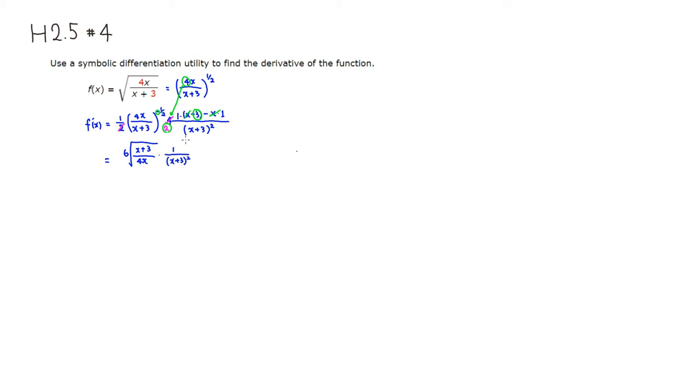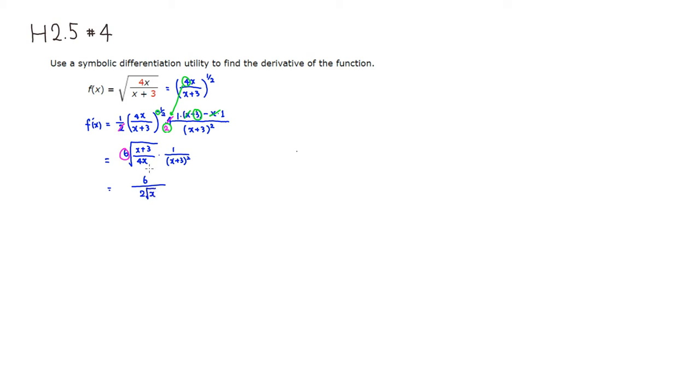That doesn't look very nice, so I'm going to try my best to make it look a little bit cleaner. Here's the 6, so I'm going to put 6 up here. On the bottom, you have the square root of 4x, but the square root of 4 is 2, so I'm going to write it as 2 square root of x.